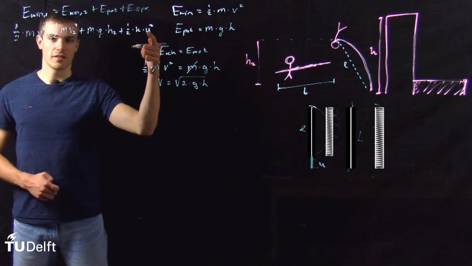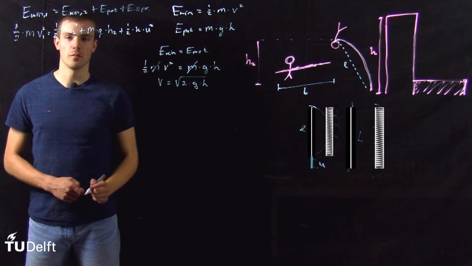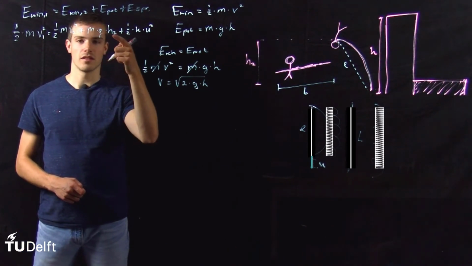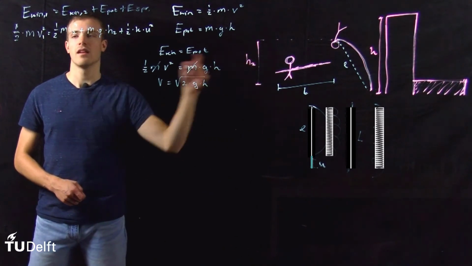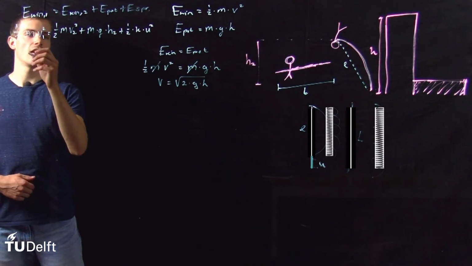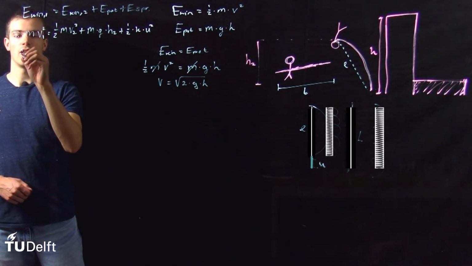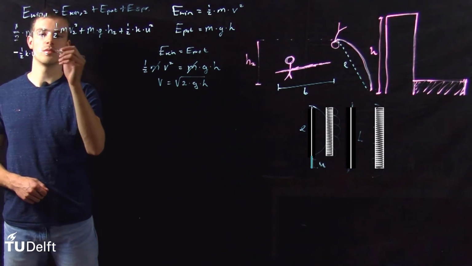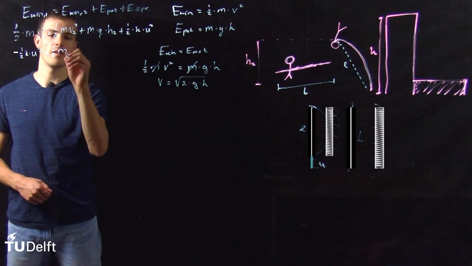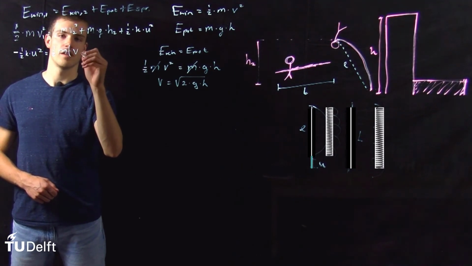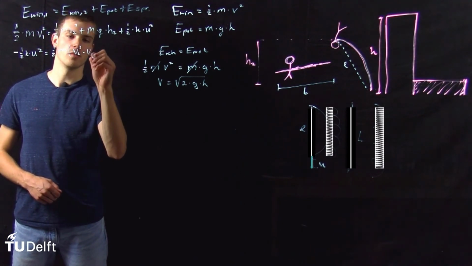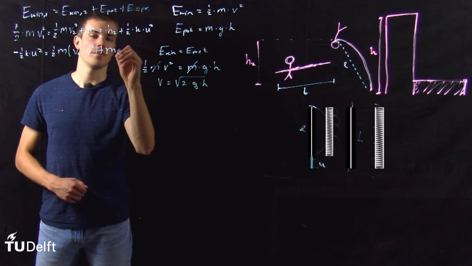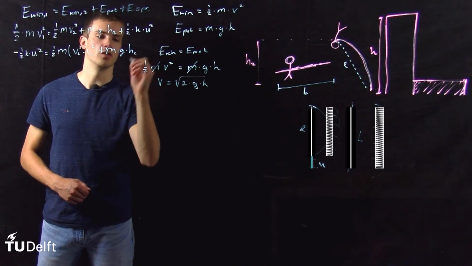Now we have to make the formula such that we can calculate the deformation at a certain v2 that we know and a certain height. So we can write this as a half k times u squared, which is equal to a half m times (v2 squared minus v1 squared) plus m times g times h2.